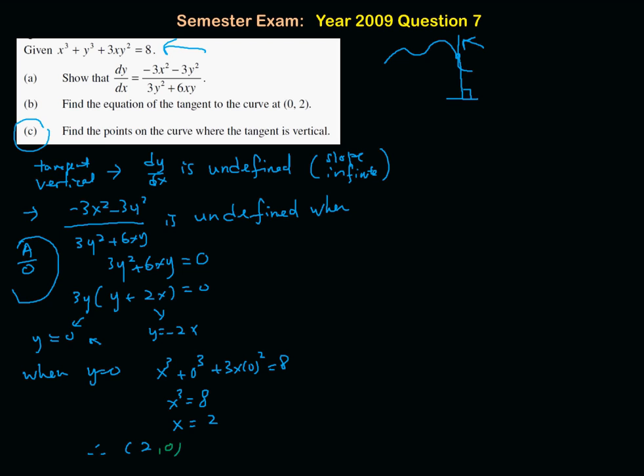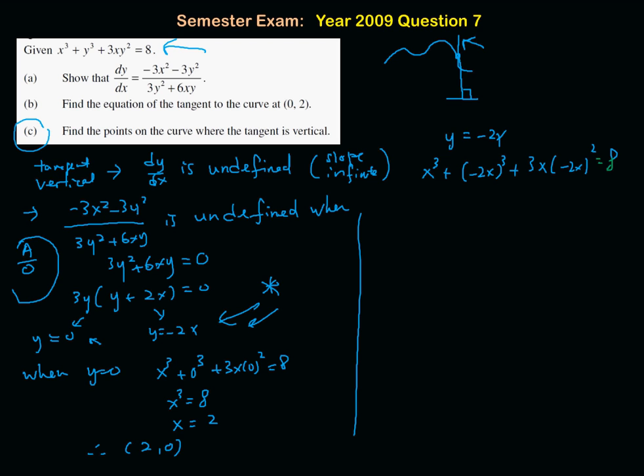Right? Now, when y equals negative 2x, from right here, you take note of this. And so we're going to substitute this into the curve. We get x cubed plus negative 2x cubed and so on, 3x and negative 2x squared.